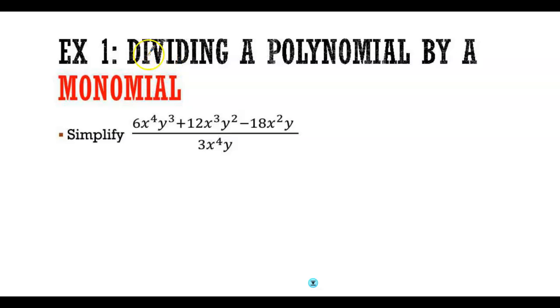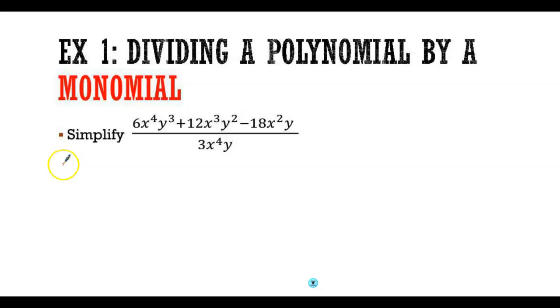So what we're going to do here is divide a polynomial by a monomial. Remember, a monomial has those non-negative integer exponents. So notice that it's division. These terms are separated by addition and subtraction symbols. So what I'm going to do is break this up into 3 different fractions and then reduce as much as possible.